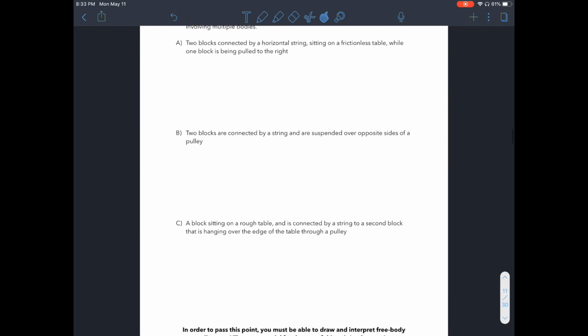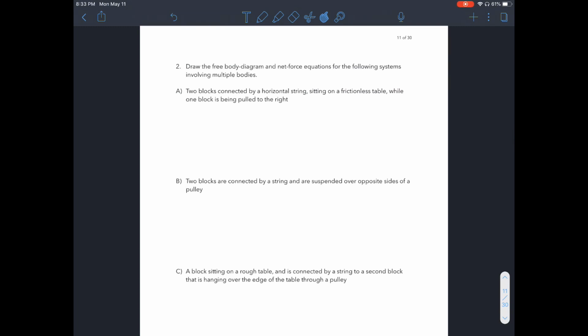Now, these are some free body diagrams when it comes to having multiple bodies. I'm not going to go over this quite yet. You can try this on your own. I will fill in these notes so that you can actually see them.